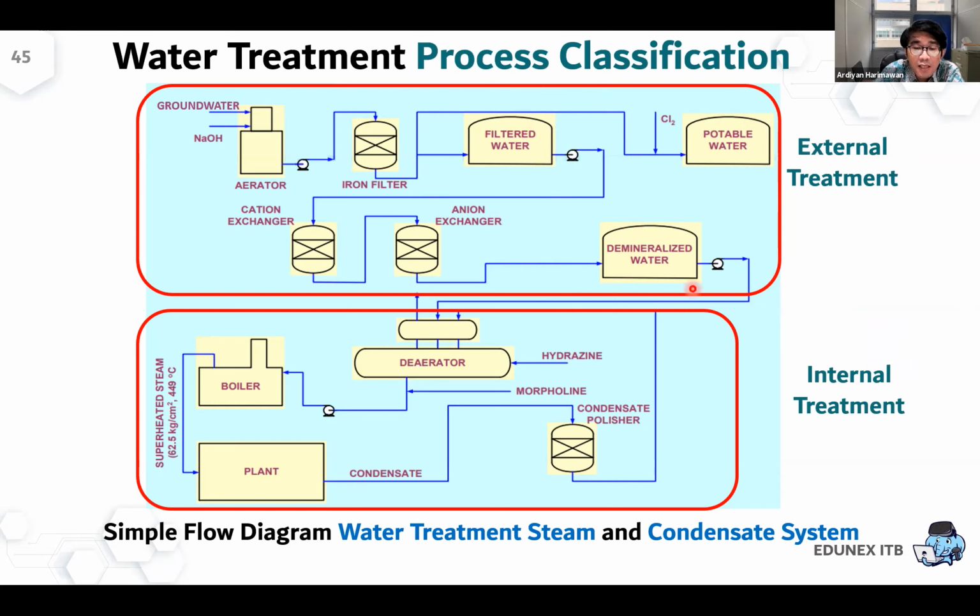Internal is not like we do external treatment outside the plant, although it can happen like that. But external treatment is basically the general treatment to treat the water for general requirements.